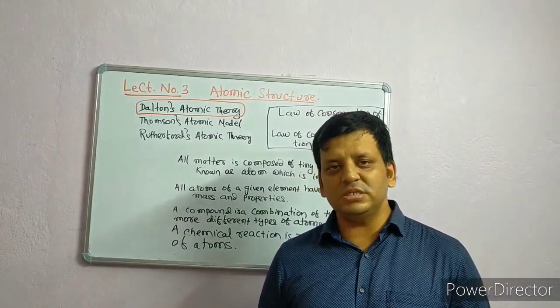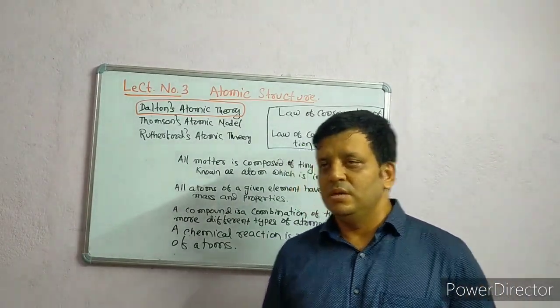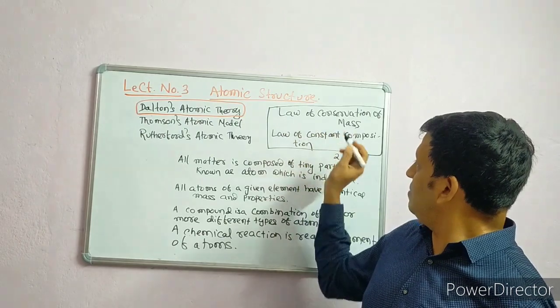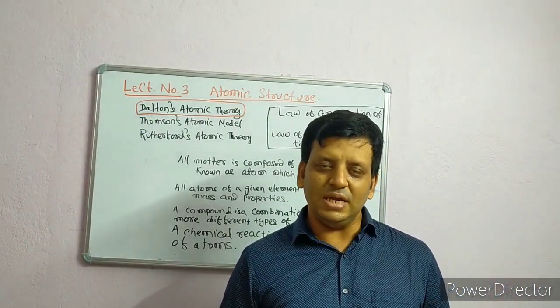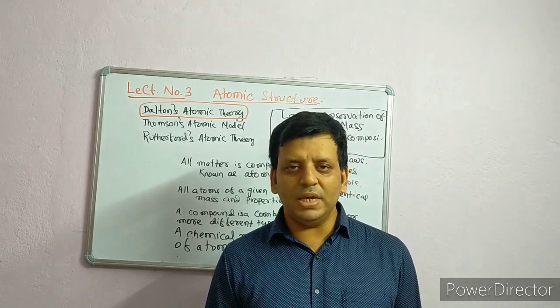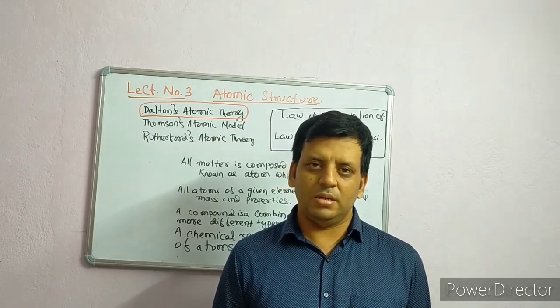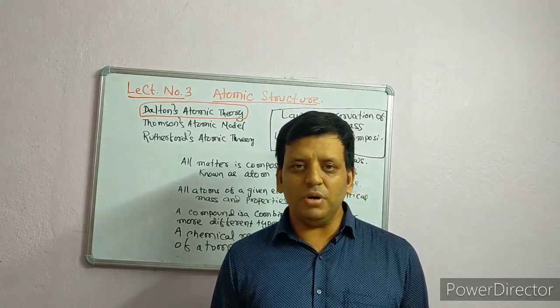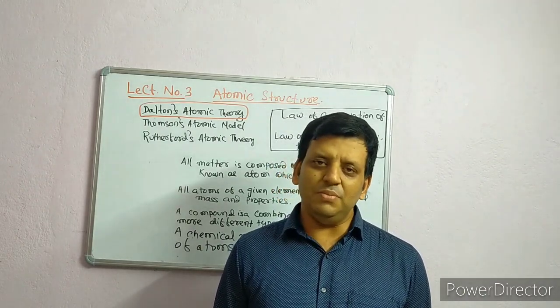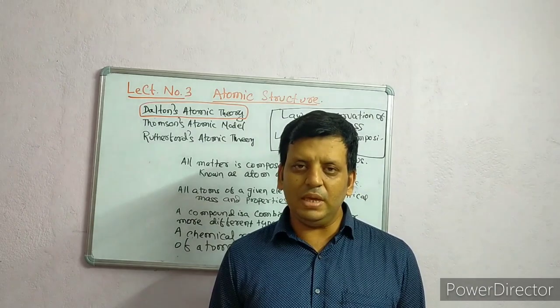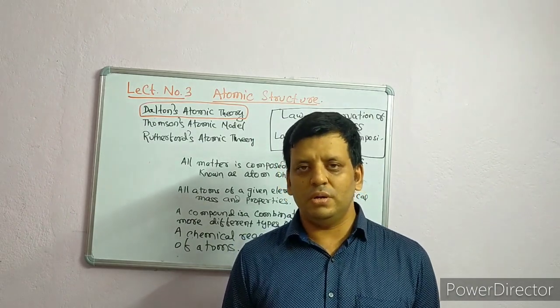So what is the basis of Dalton's atomic theory? First of all, the law of conservation of mass. The law of conservation of mass says that matter cannot be created nor destroyed, but it can be converted into any other form. We can take the example of water, which has the chemical formula H2O.